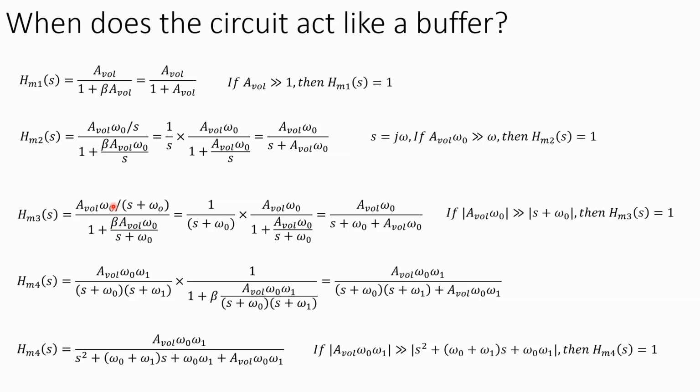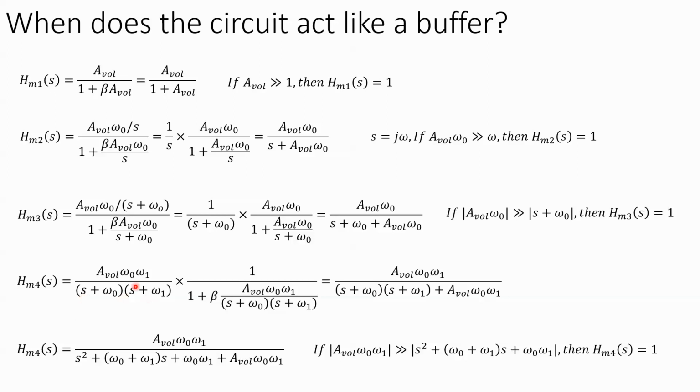Now for the single pole where we have an omega naught, we just multiply everything through, and now we have an open loop gain constant here, s plus omega naught, and this has to be much greater than this term so that it can cancel. But now we have a complex thing, so I'm just going to say the magnitude of this just has to be much, much greater than the magnitude of that, and then it'll collapse to 1.